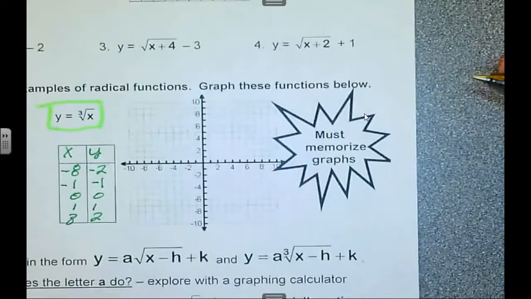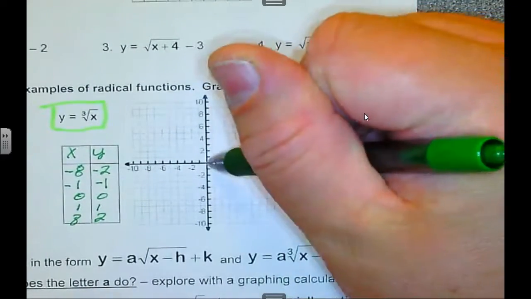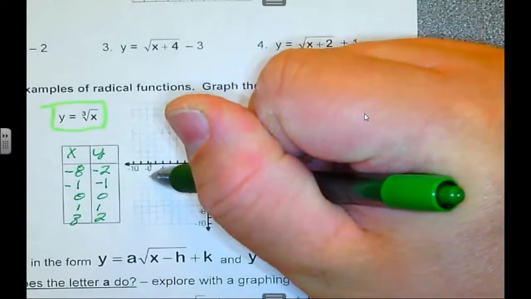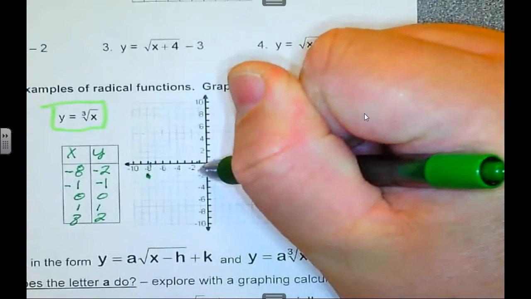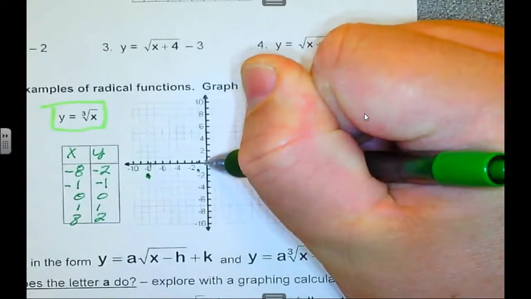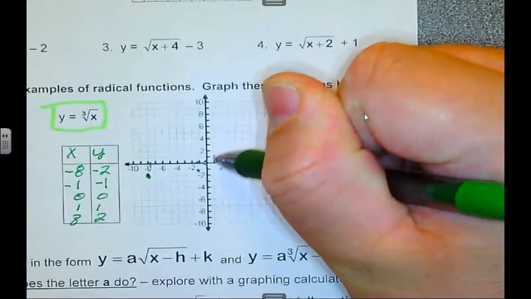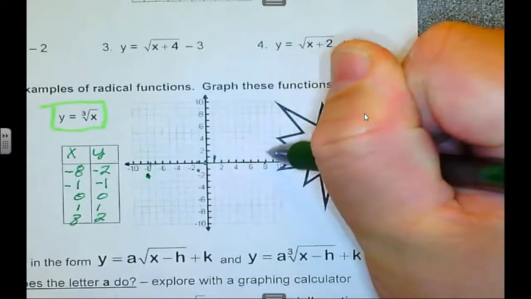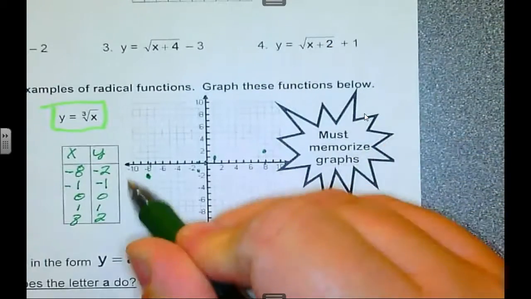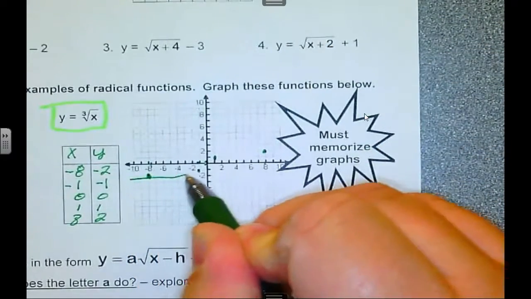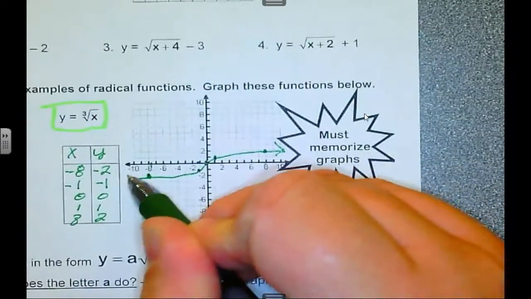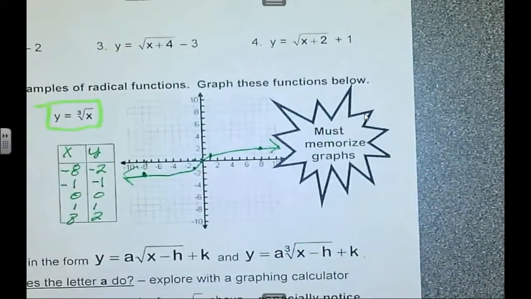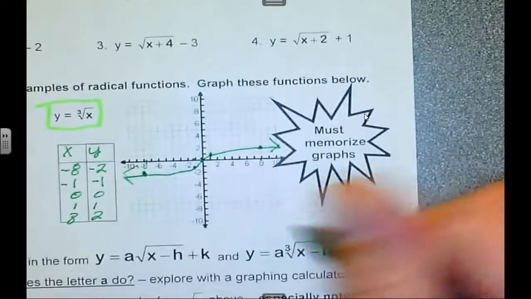Okay, let's plot these. -8, -2. -1, -1. 0, 0. 1, 1. And 8, 2. Okay, so my graph starts curving, does like an S. What's my domain for this?